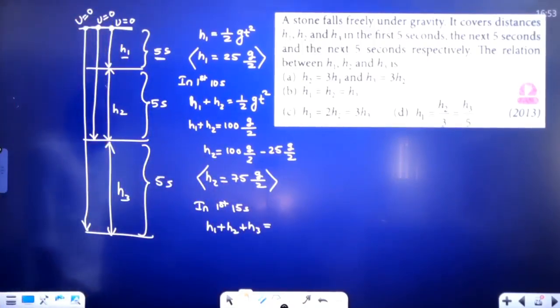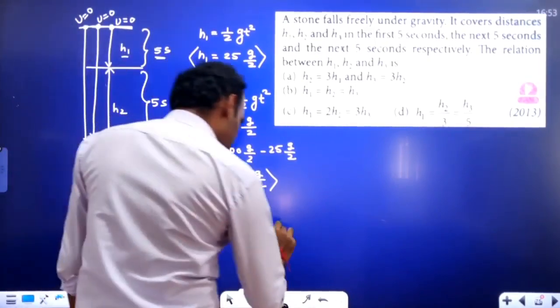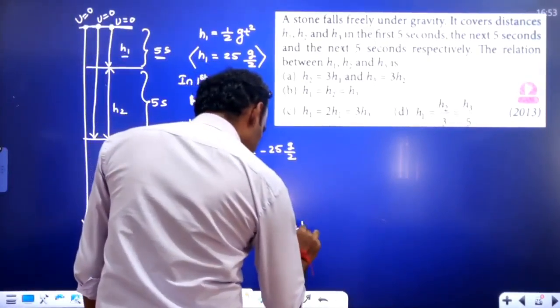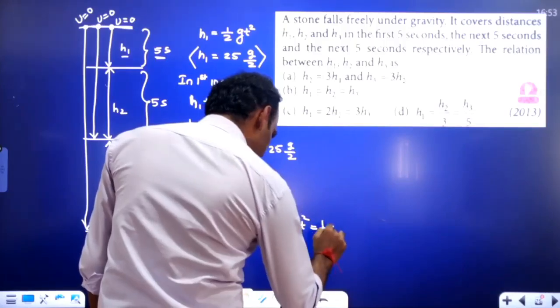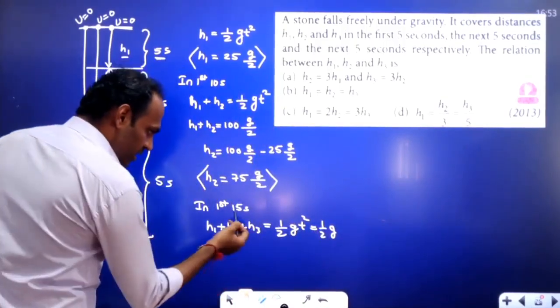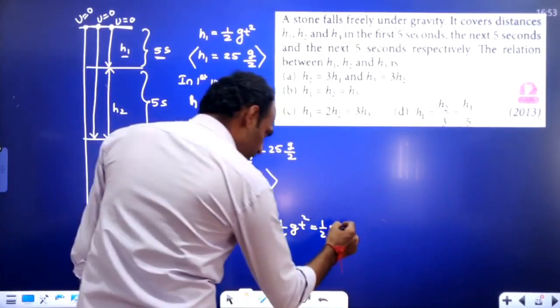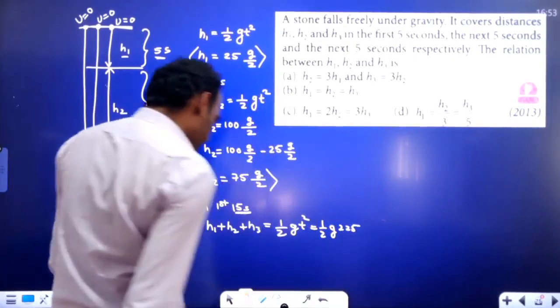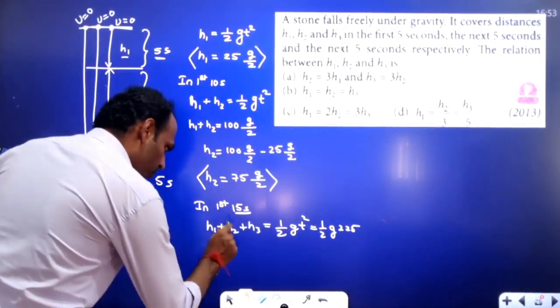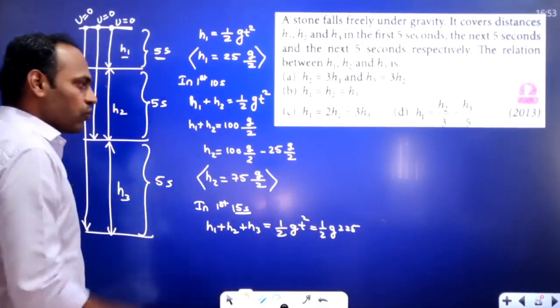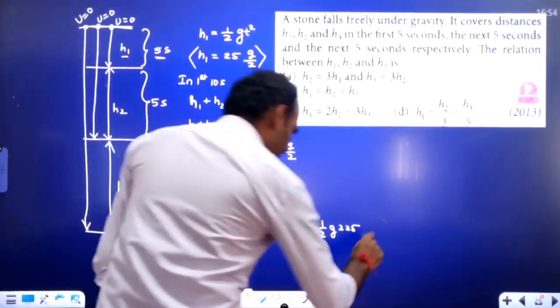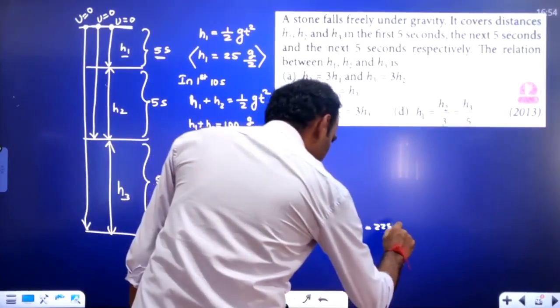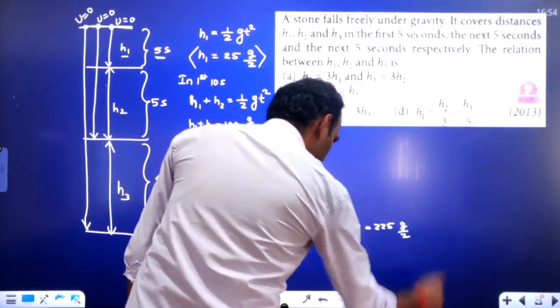So ut goes away, and we have only half g t square. How much is t? t is 15 seconds. So 15 square is 225, right? So h1 plus h2 plus h3, I got it as 225 g by 2.